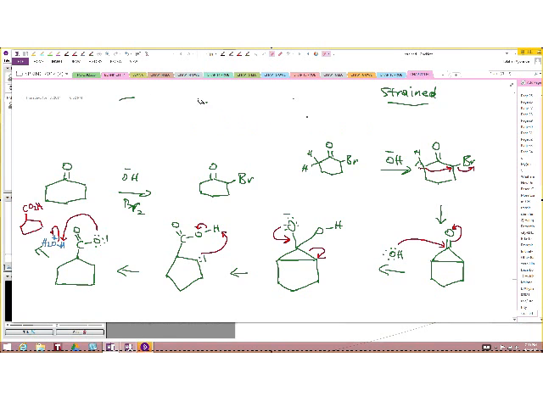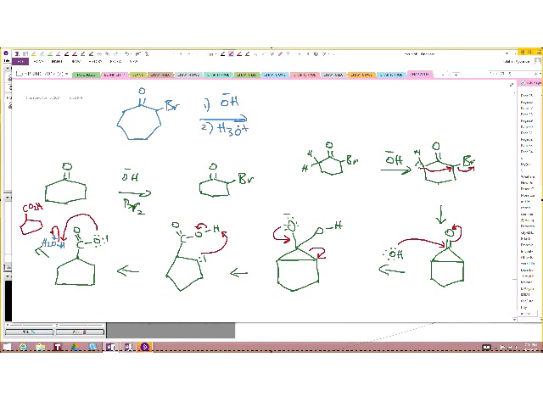So anytime you have a cyclic molecule, a cyclic ketone, say for example, you have this, let's say we have a 7-member ring, as long as you have a leaving group in the alpha position, and then you simply say step 1, hydroxide, and step 2, dilute acid.